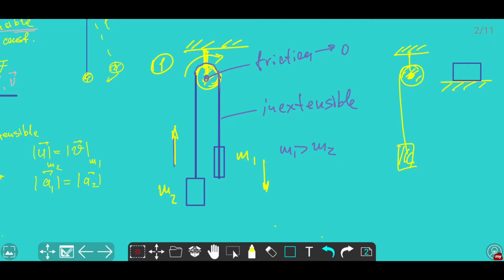That's going to be object 1, and that's going to be object 2. So two objects with mass m1 and mass m2, and this object is attached to the end of the string, which again goes over the pulley and goes to another object m1.